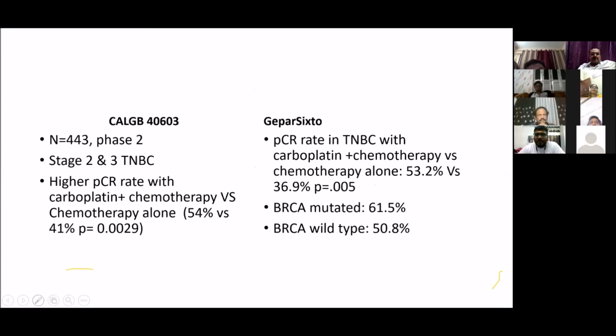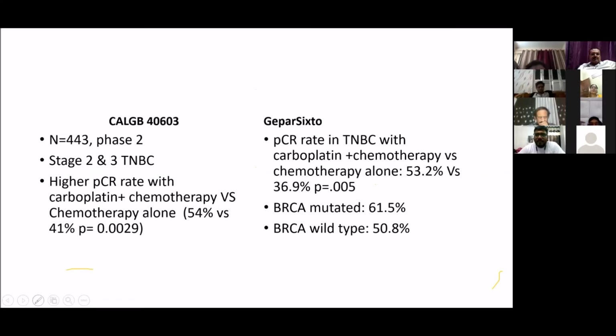These are older studies which did not consider BRCA testing during their enrollment. They showed that when carboplatin is added to the chemotherapy arm, any of the chemotherapy arms, it shows better survival in patients with basal-like triple-negative breast cancer.